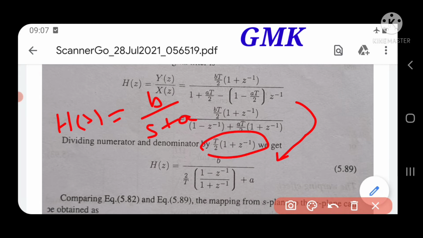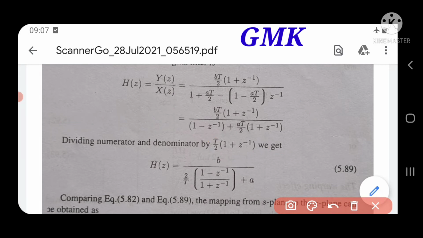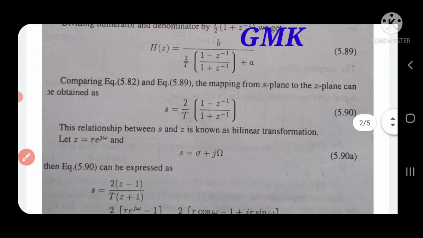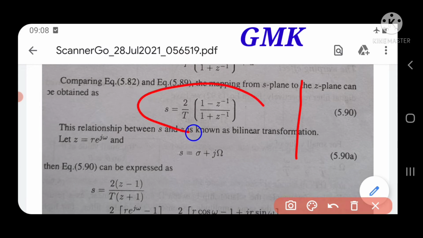After that, if you compare the first analog equivalent filter with the corresponding 5.89 equation, obviously s is equal to 2 by T into (1 minus z inverse) by (1 plus z inverse). So the relation between s and z is known as a bilinear transformation. The relation between s and z is generally known as a bilinear transformation.